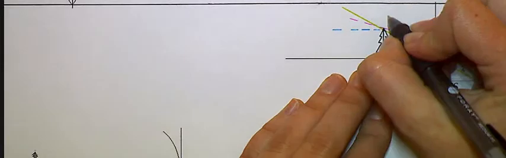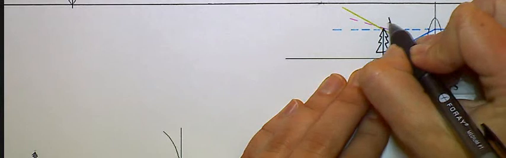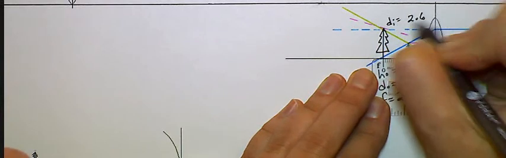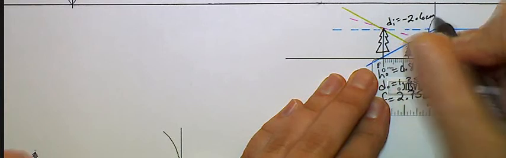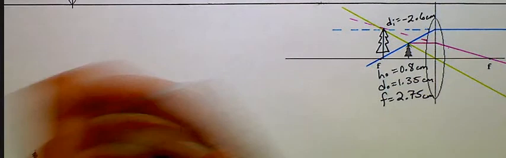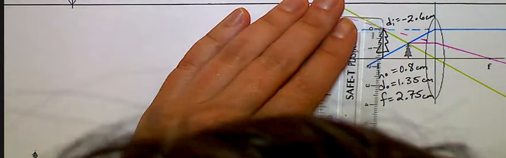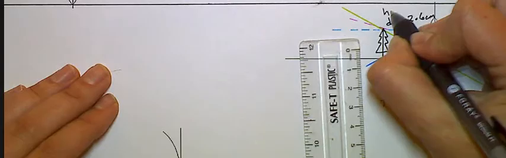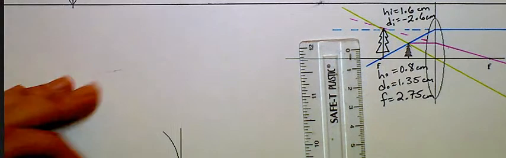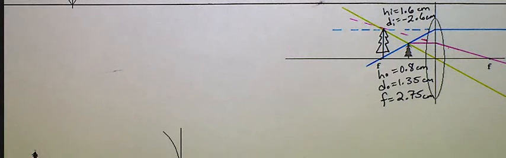So the distance to my image is 2.6, but it's in the wrong direction, so it's negative, because anything back this way is going to be negative. And height looks like 1.6. Right, so let's check our math and hopefully we will come up with answers that are close to this.